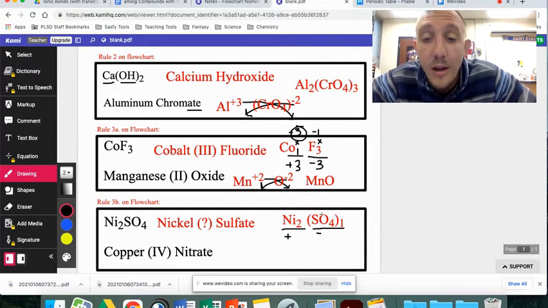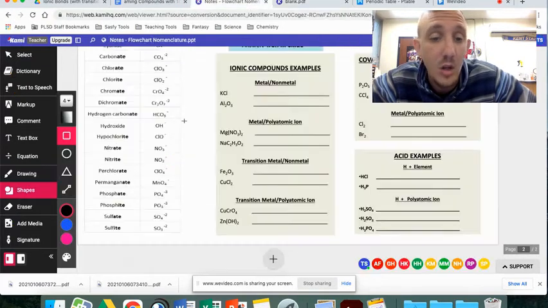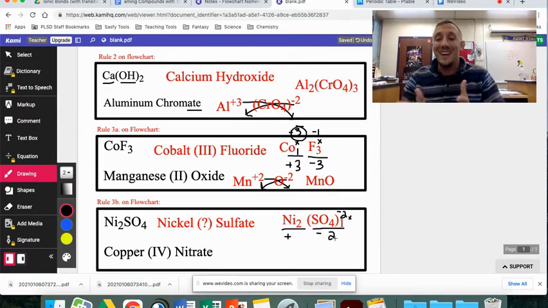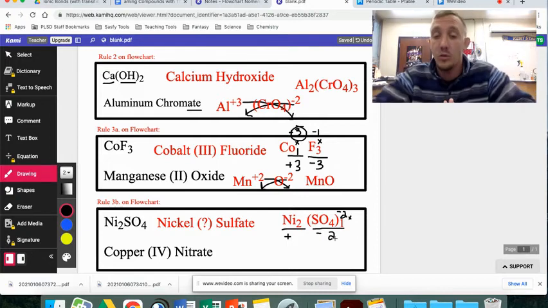I know the charge of sulfate. If I look on the polyatomic list, the charge of sulfate is -2. So I'm going to write -2. -2 times 1 is -2. So my total charge for the negatives in this compound is -2.